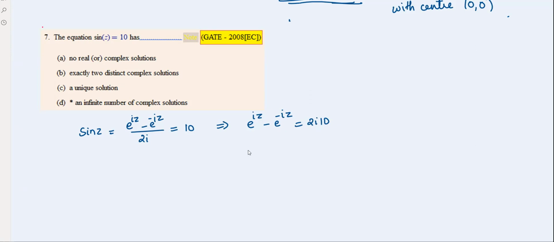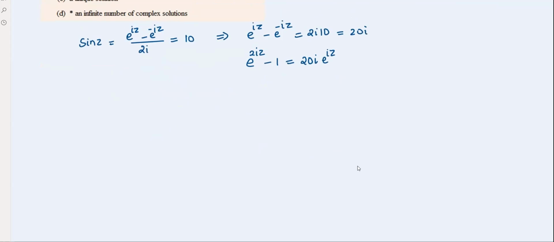We want to find z. Multiplying by e power iz and rearranging, we get e power iz the whole square minus 20i e power iz minus 1 equal to 0.